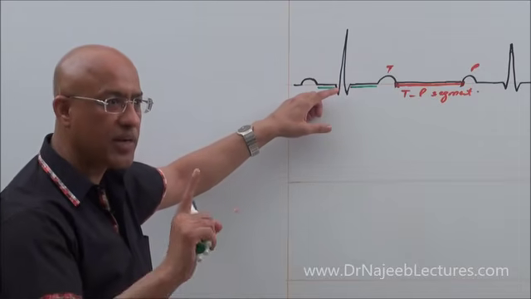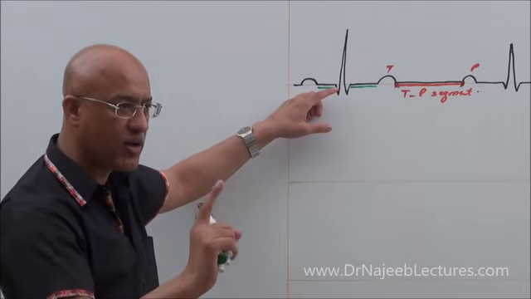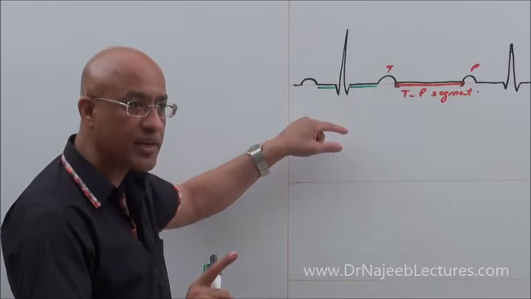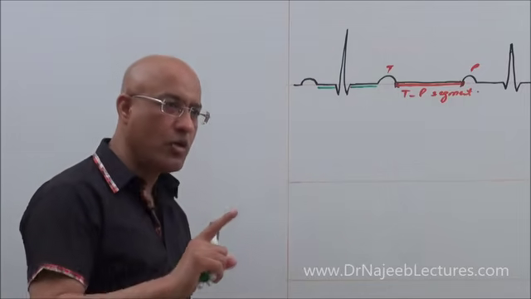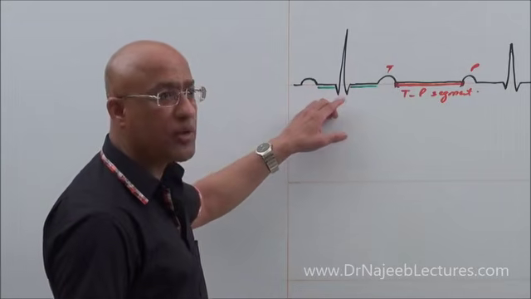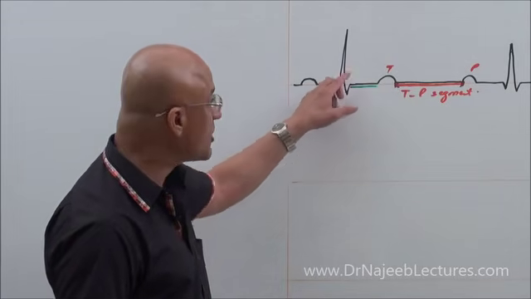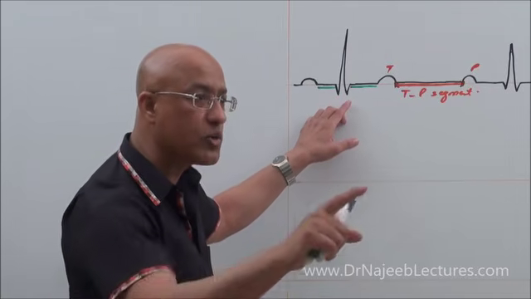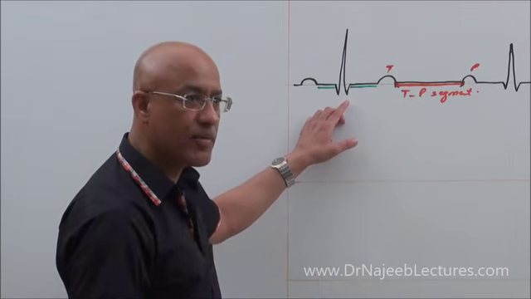Number one, nomenclature of the QRS complex depends on the direction of the deflection. Is it a positive wave or a negative wave? Secondly, nomenclature depends on the position of the wave. If there are three waves, how they are positioned in reference to each other, according to that we will label the waves.